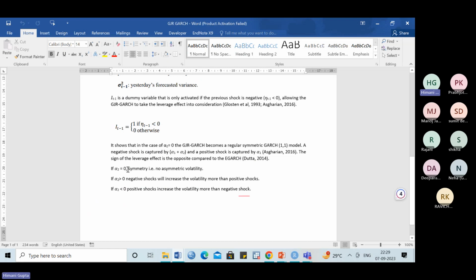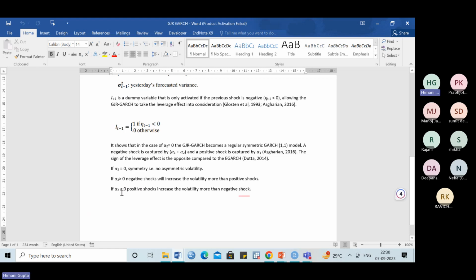If gamma is 0, that means no asymmetric volatility. If gamma is more than 0, that means positive. The answer we got. In EGARCH, it means positive shocks will increase the volatility more than the negative shocks. But over here in GJR GARCH, if your gamma is greater than 0, negative shocks will increase the volatility more than the positive shocks.